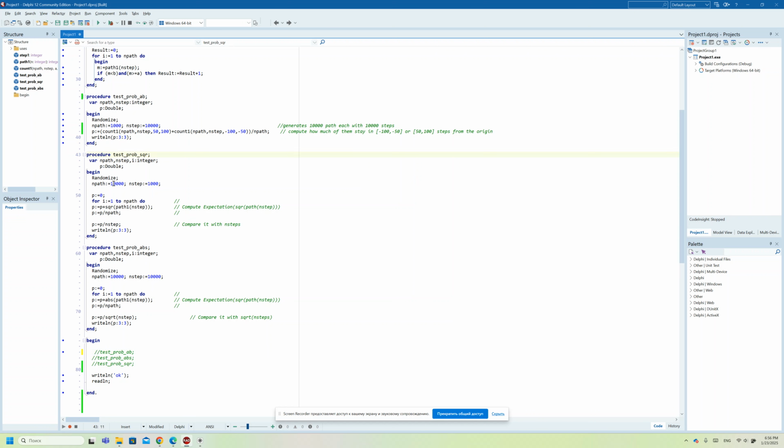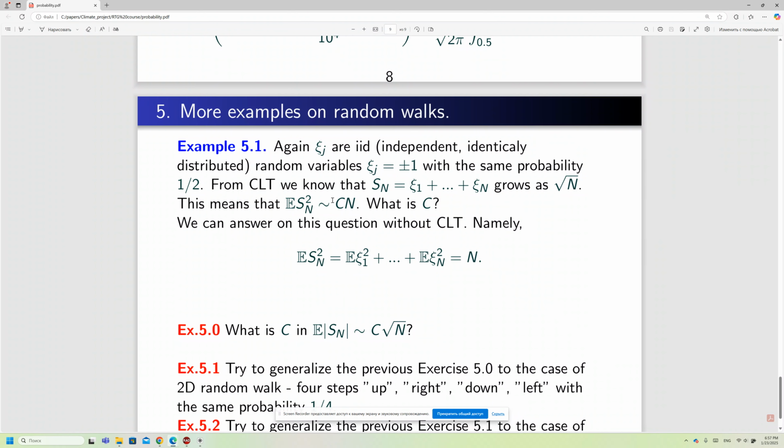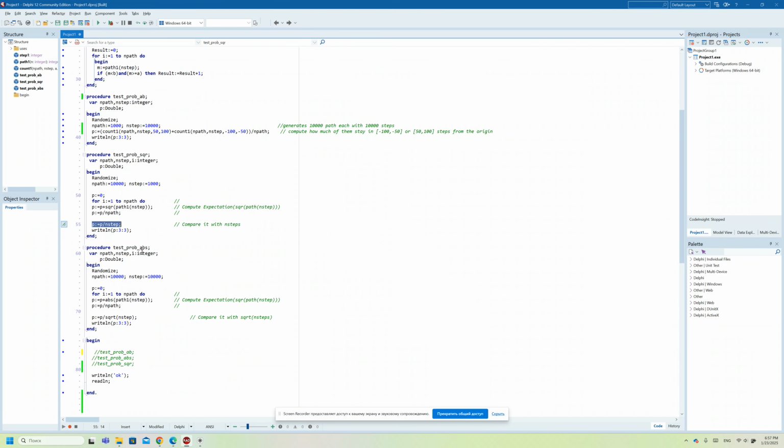In this program we generate 10,000 paths with 1,000 steps, compute the square, power 2, of the length of the paths and compute the expectation, dividing by the number of generated paths. And after that we divide by n steps to obtain this constant c. You see, if we divide this expectation by n, we obtain exactly this constant c. And this constant c should be equal to 1. This is our theoretical prediction.